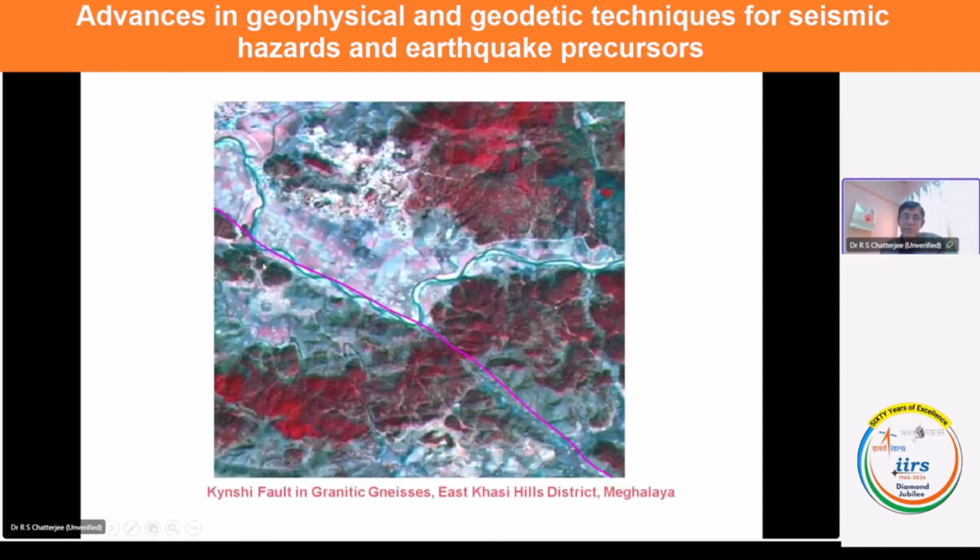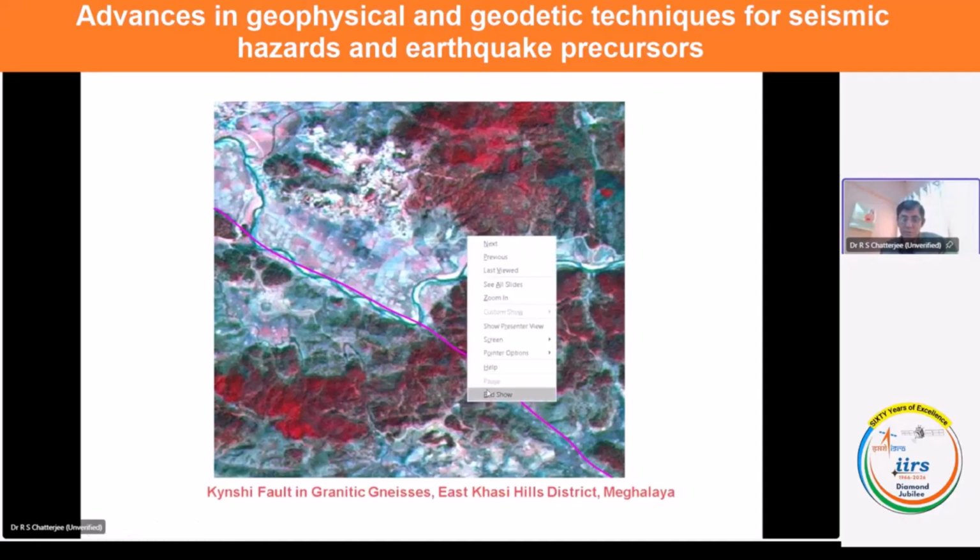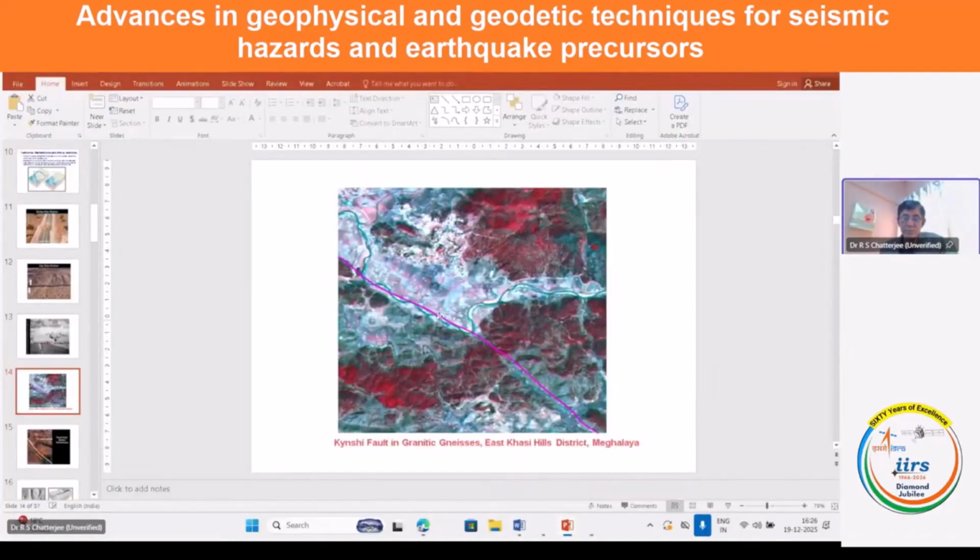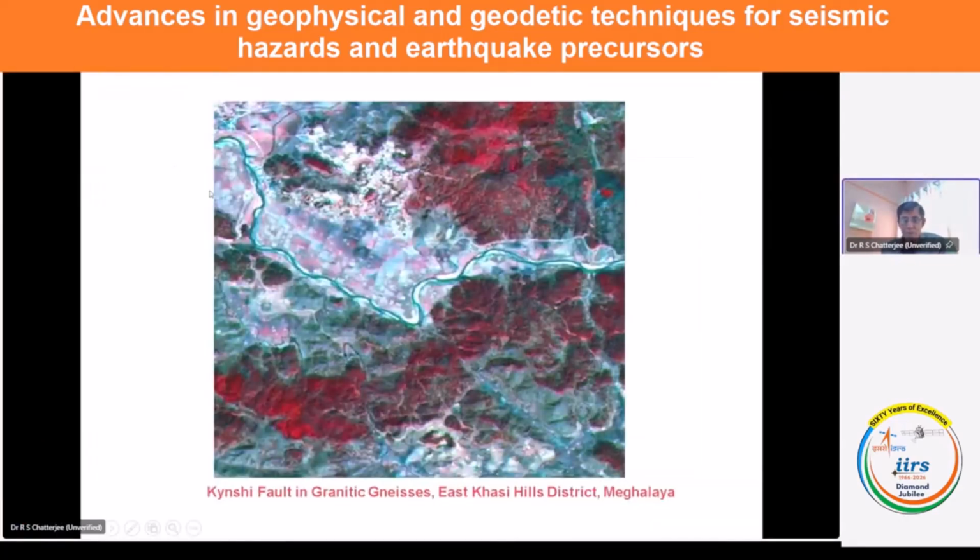Similarly, here you see that there is some kind of shearing that has happened in the northeastern part of India, in Meghalaya state. Here you see the river is showing a straight, rectilinear trend, isn't it? You can see the soil infilling all along this line, and the river got this very anomalous straight length.